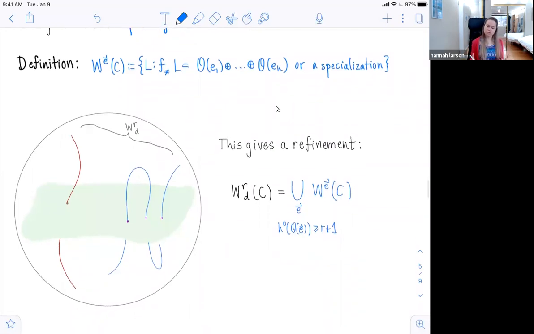So it's natural to instead ask that these splitting loci, W^e, satisfy analogs of the Brill-Noether theorem. And this is exactly what we found to be true.